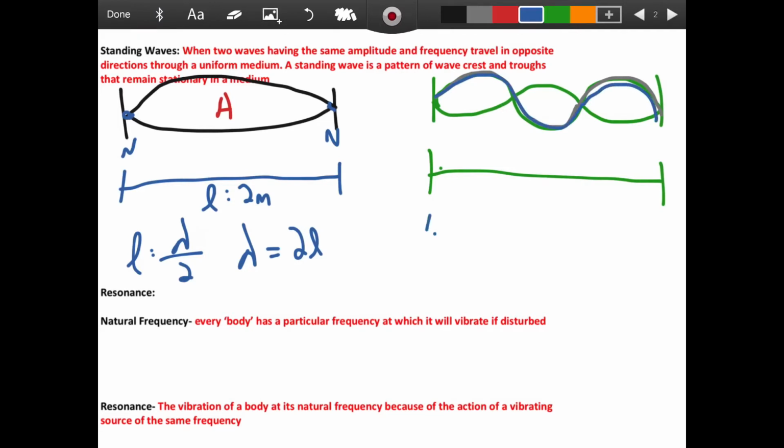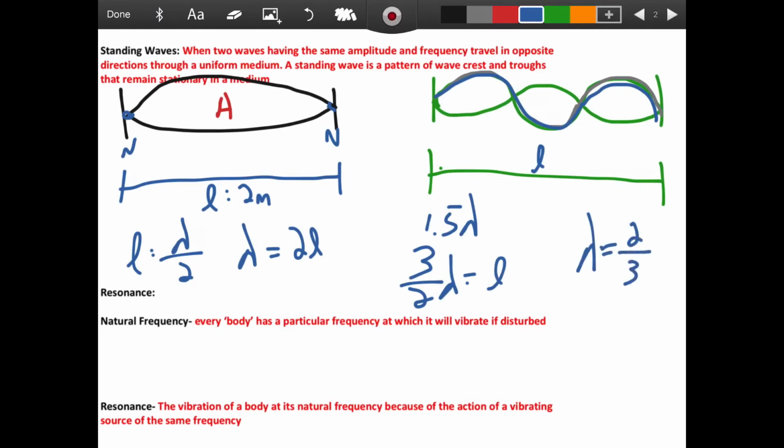So there's 1.5 wavelengths in this length, or in fraction form, 3 over 2 wavelengths equals L. So this wavelength is 2/3 of L.